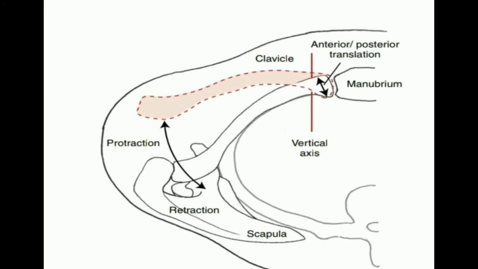So the osteokinematics and arthrokinematics will be opposite to each other, like the rolling and gliding will be opposite to each other. Do you understand? And in protraction and retraction, the clavicle is concave and the manubrium is convex. So the concave is moving on the convex.